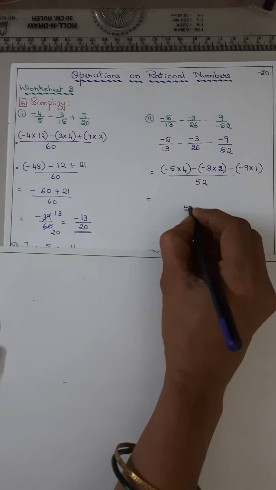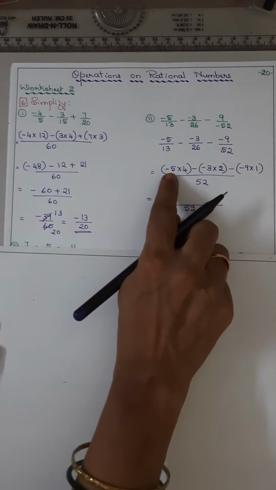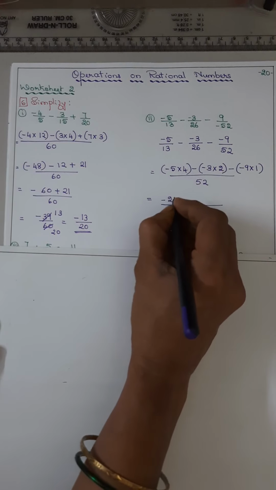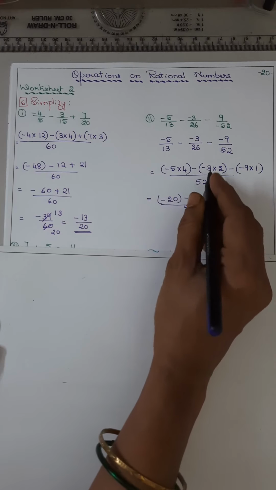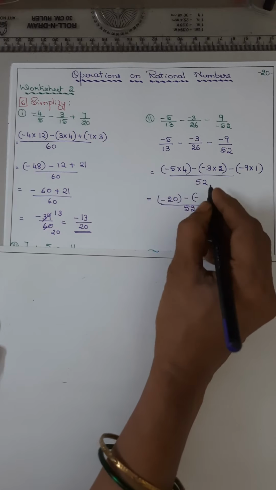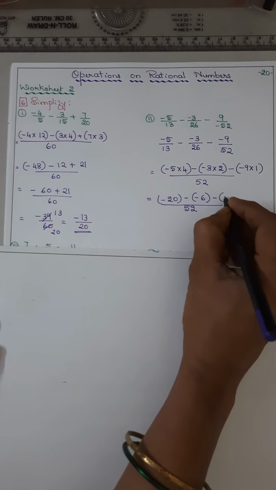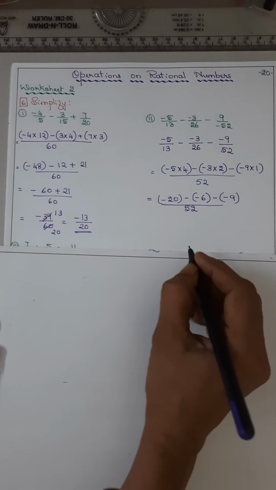You are getting used to it. So 52 LCM, minus plus minus 5 4s are 20. Now minus plus minus 3 2s are 6, minus 9 1s are 9.